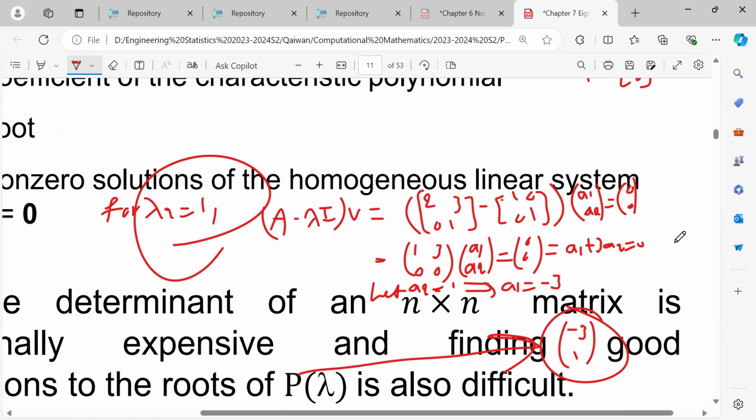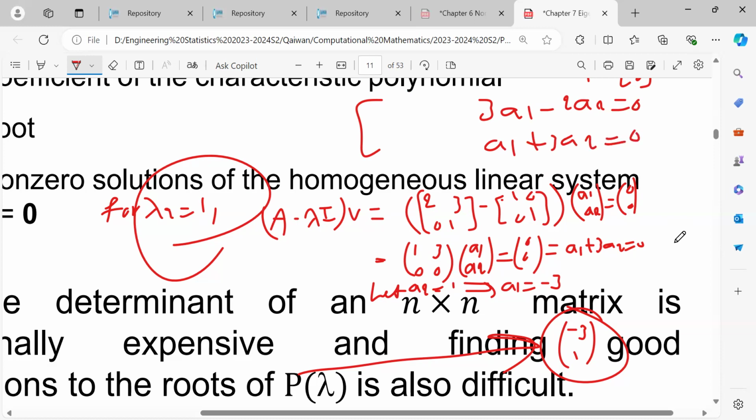If you have fewer equations than variables, you choose a value for one of them and find the others. What if you have the same number of equations and variables? For example, 3A1 minus 2A2 equals 0, and A1 plus 3A2 equals 0.